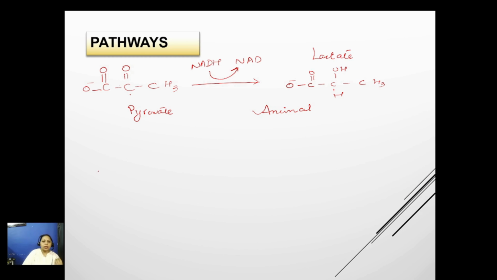The second one is the ethanol one. Let's talk about the ethanol one. So first of all, the pyruvate, which is this one, is going to convert into ethanol. What is an intermediate? Simple, it's an aldehyde.